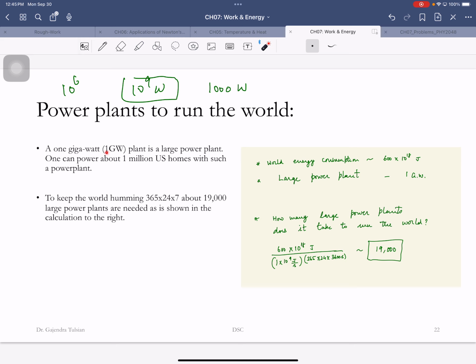Hoover Dam is a gigawatt. On the average, if there's more water and you open up more gates, you can produce more power, but let's say Hoover Dam is a gigawatt, and that's a large power plant. The cost to build a Hoover Dam today would be many billions of dollars, 10 to 15 billion dollars.